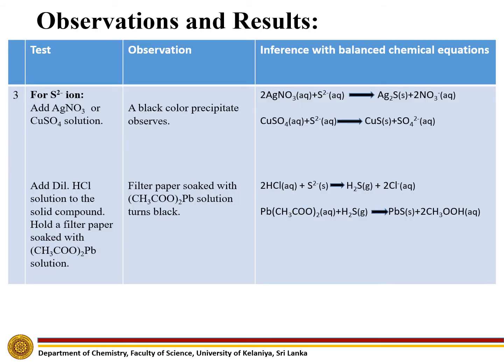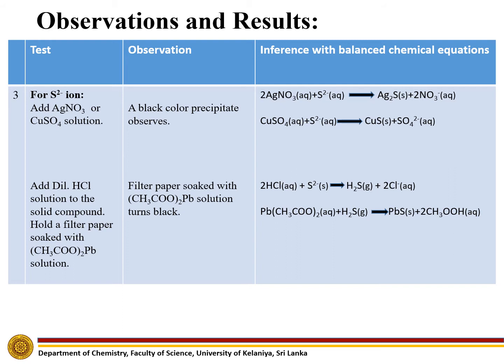Observations and results. For the given sulfide ion solution, when we add silver nitrate, silver sulfide is produced. Its color is black.